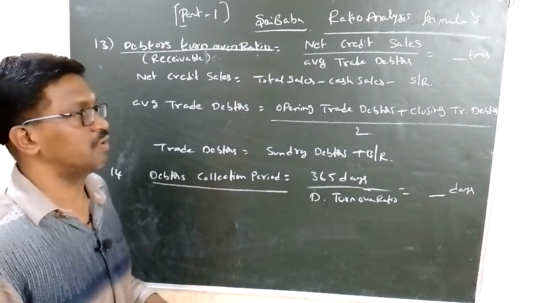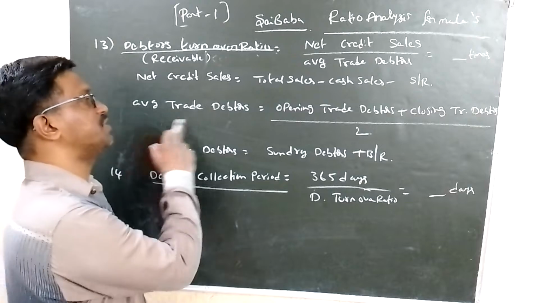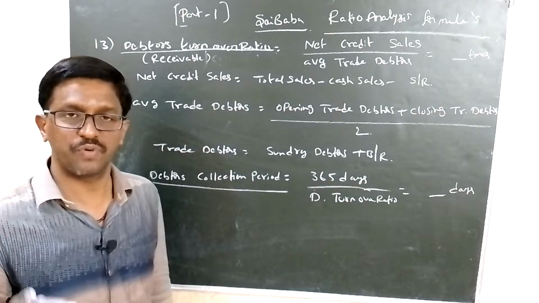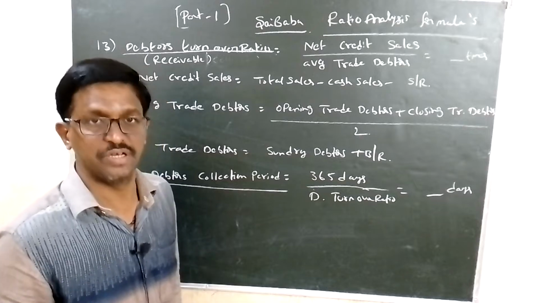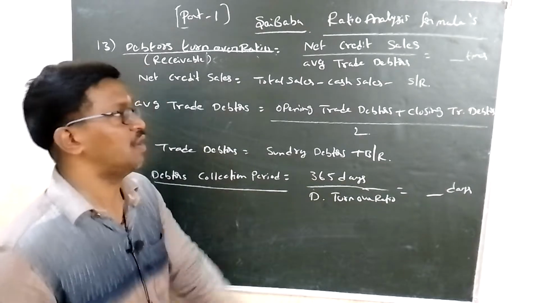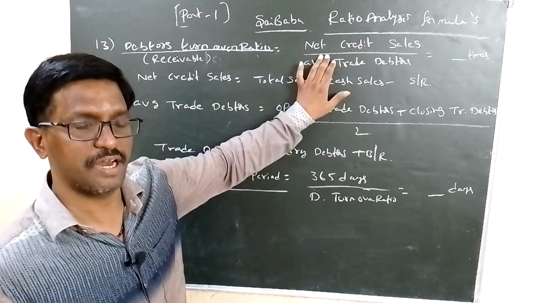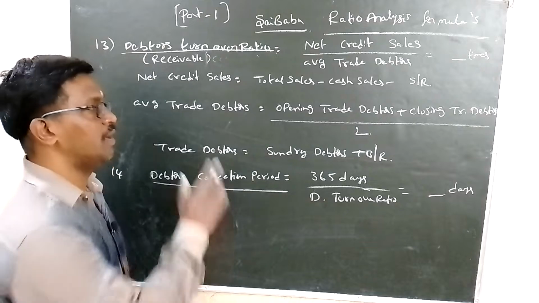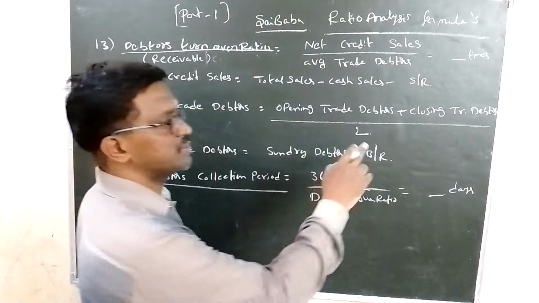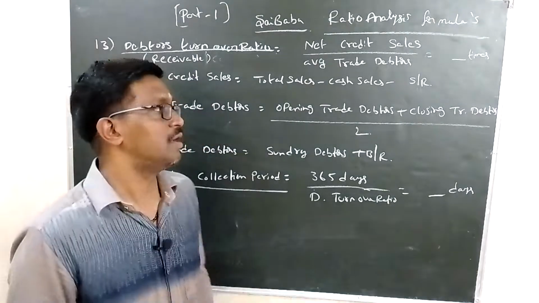Next, the average trade debtors. If two years of information are available, we take the average; if there is only one year of information, we take that as the trade debtors. Average trade debtors means opening trade debtors plus closing trade debtors by 2.